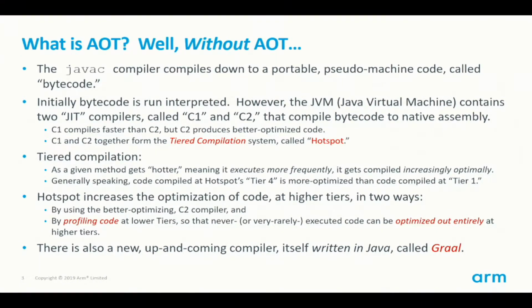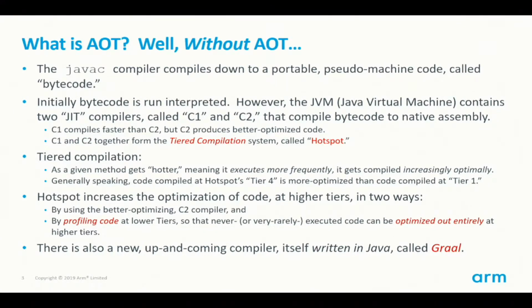The higher tier, tier 4, is the most optimal, and it's for the code that runs the most. So if your code gets called a whole lot, it goes on to tier 4, the highest tier. If it gets rarely called, it goes on to the lowest tier, tier 1. And if it almost never gets called, it'll just continue in the interpreter, which you could call tier 0, some people do. In any case, there are 2 ways, not just C1 and C2, with C2 being used on the higher, more optimal tiers.